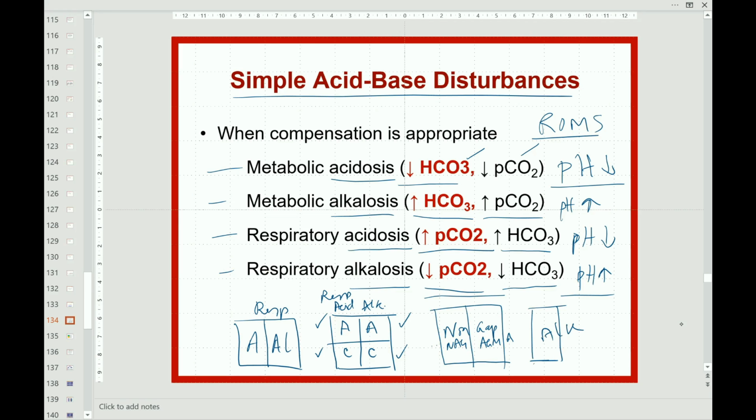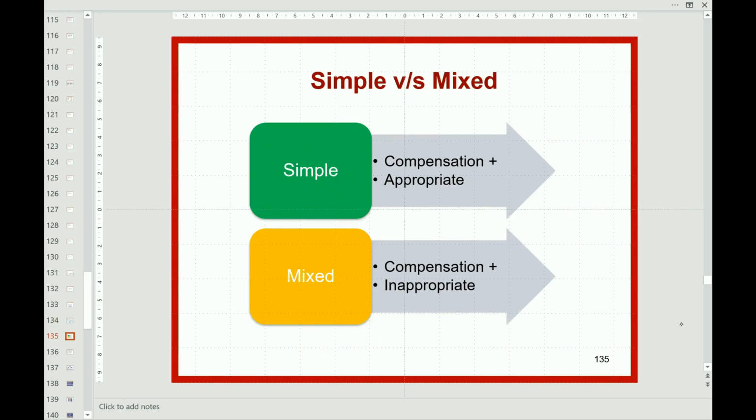So in a way you need to learn 4 plus 2 plus 1, a total of 7 disorders we have to deal with. And there could be combinations of these disorders. That is exactly where we are interested to go in today's workup.